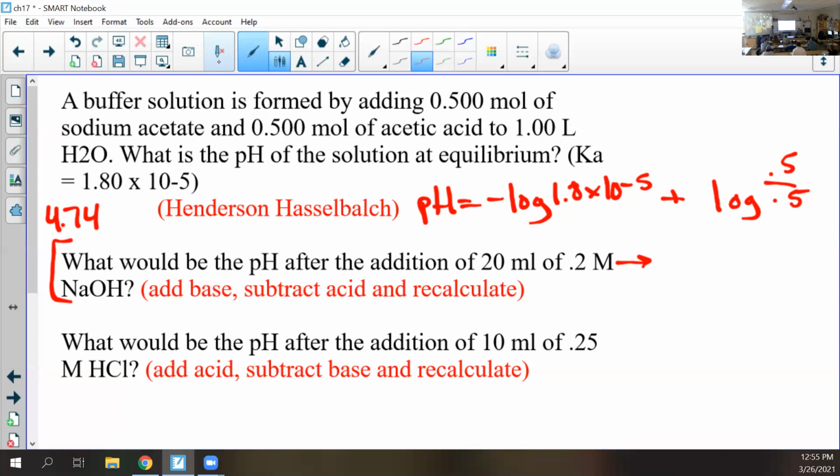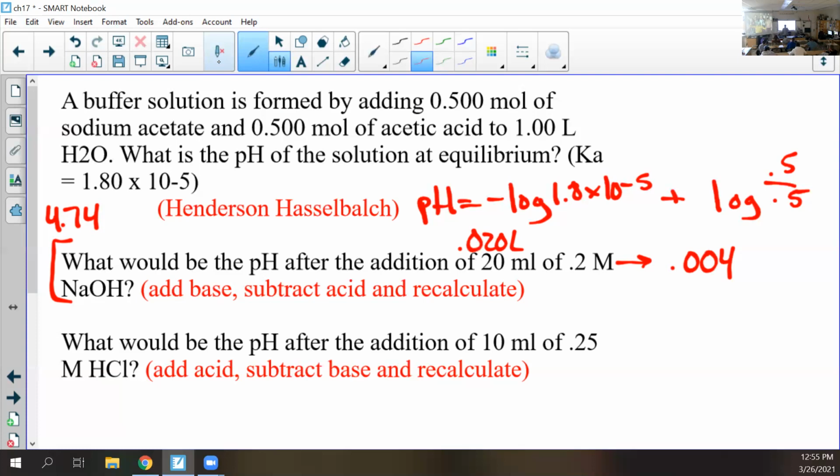So 0.02 times 0.2 is 0.004, is that right? The volume times the molarity. This has got to be in liters. Is it not 0.004? Okay.